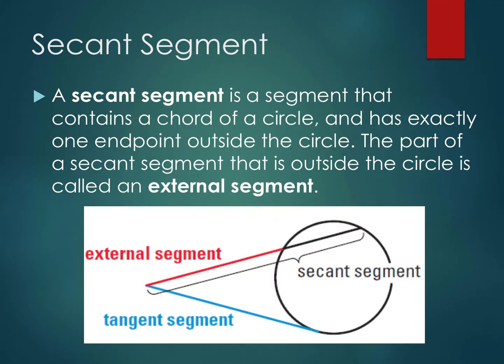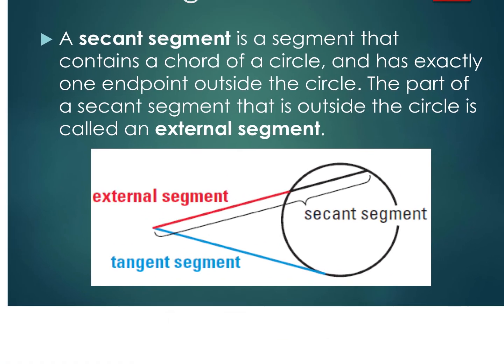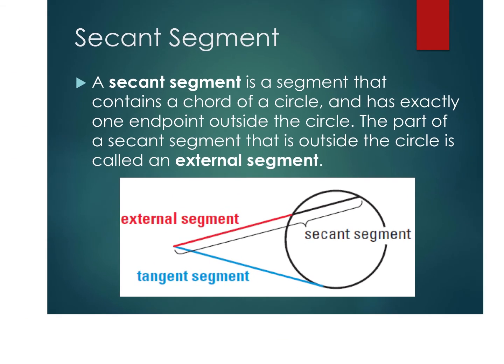The next definition is a secant segment. A secant segment is a segment that contains a chord of a circle and has exactly one endpoint outside the circle. The part of a secant segment that is outside the circle is called the external segment. So in this picture, right now we're just talking about the red.